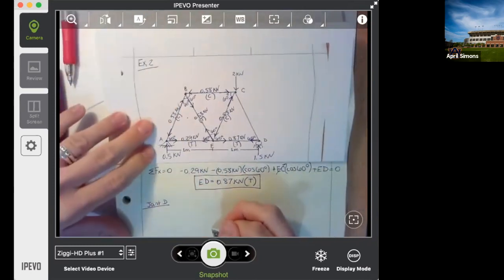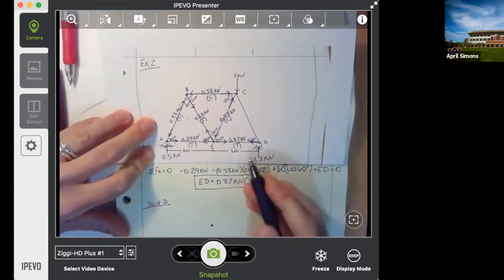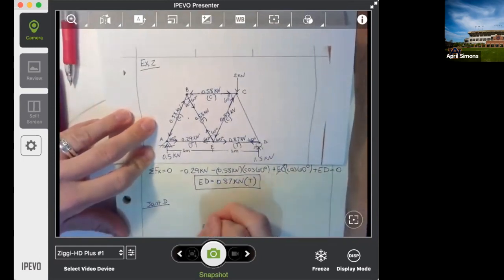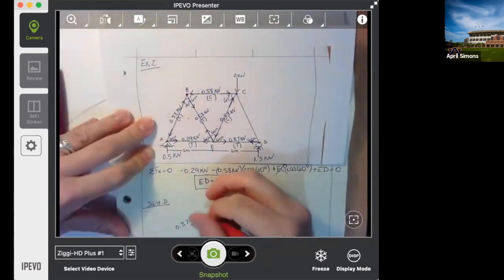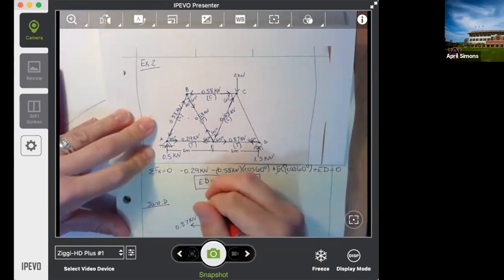For joint D, we have the force we just solved for, ED, tension, 0.87 kilonewtons. We have our support reaction here in the Y, 1.5 kilonewtons. And then DC, which is unknown, so we'll draw that in tension.